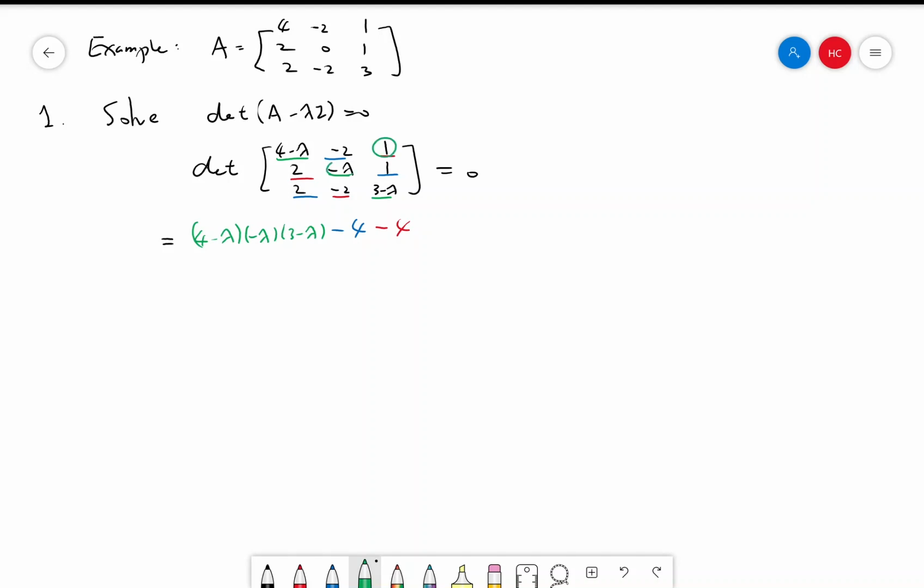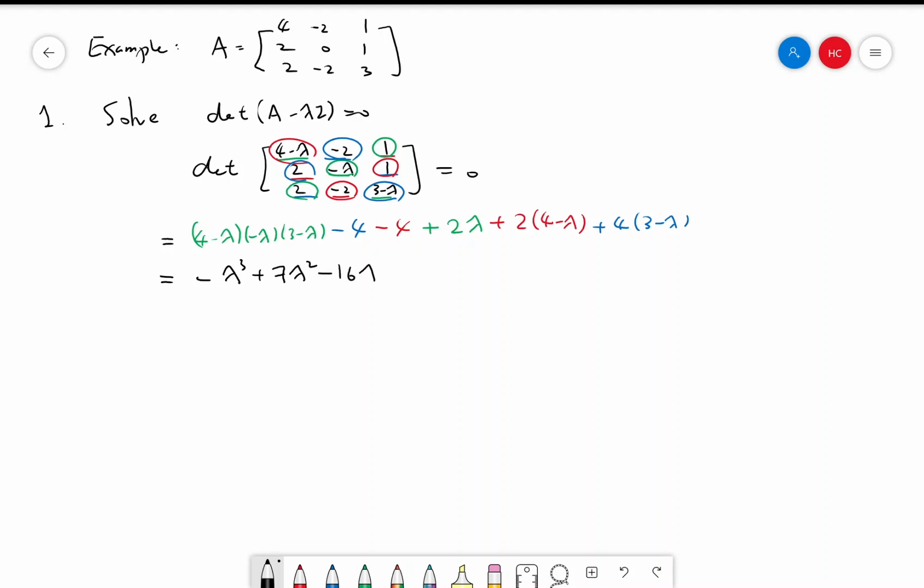The top right to bottom left gives you plus 2 lambda, the next gives you plus 2 times 4 minus lambda, and the last gives you plus 4 times 3 minus lambda. I'm not going to spend time expanding and simplifying these, so this is equal to negative lambda cubed plus 7 lambda squared minus 16 lambda plus 12.